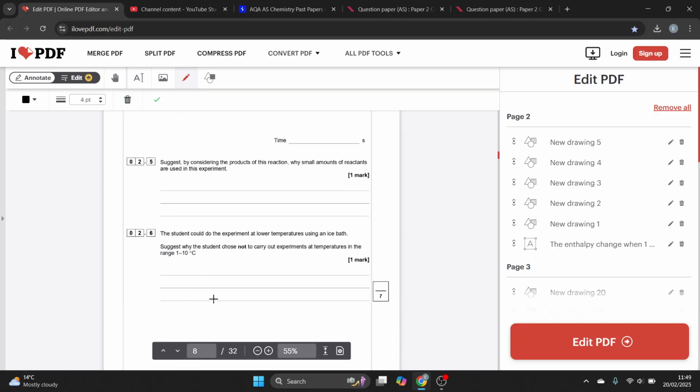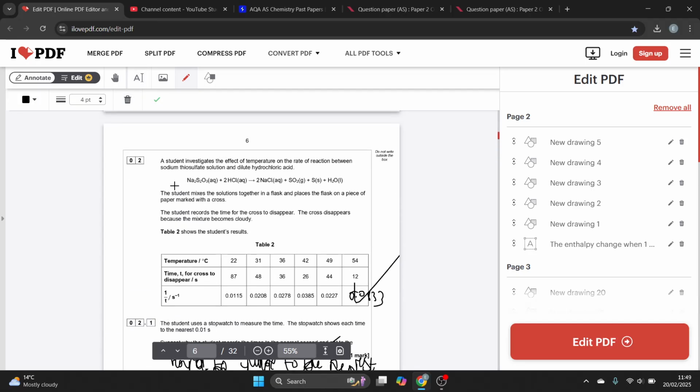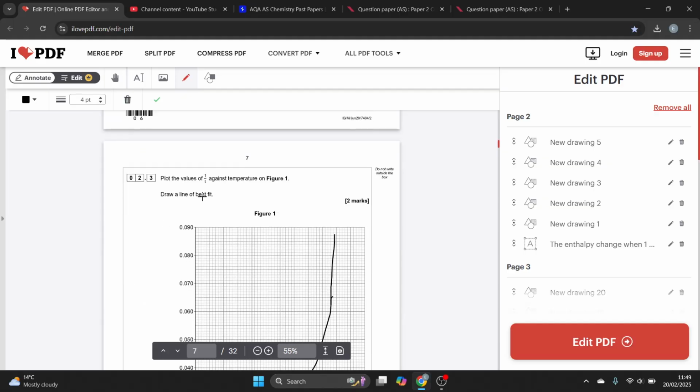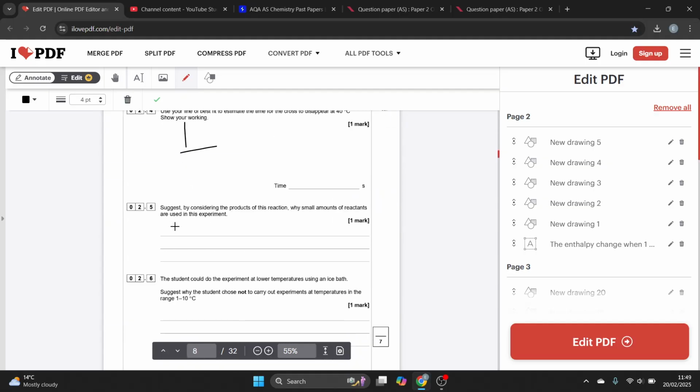Suggest, by considering the products of the reaction, why small amounts are used. Well, I'm forming sodium thiosulfate and dilute hydrochloric acid, so I'm forming sulfur dioxide. And that's all I need to say: SO2 is toxic.